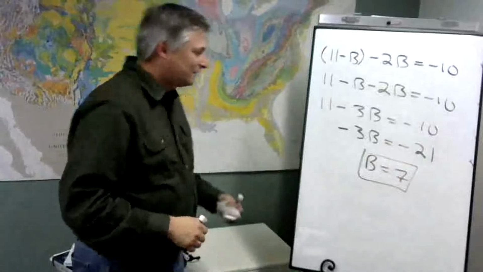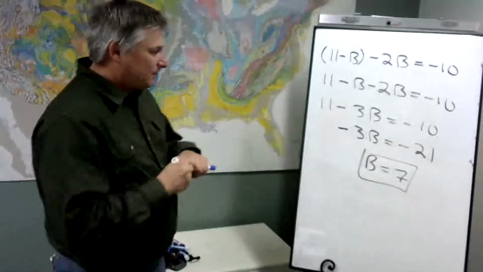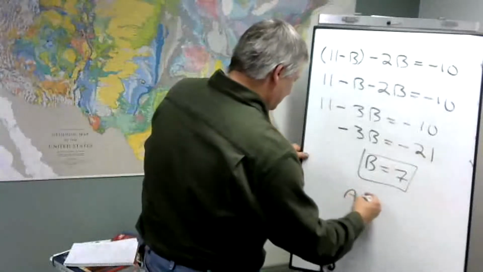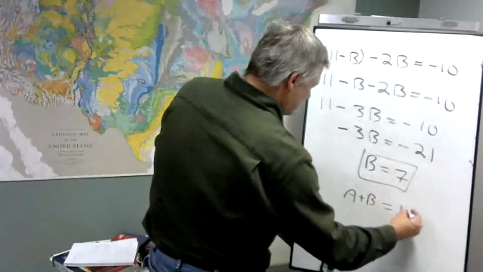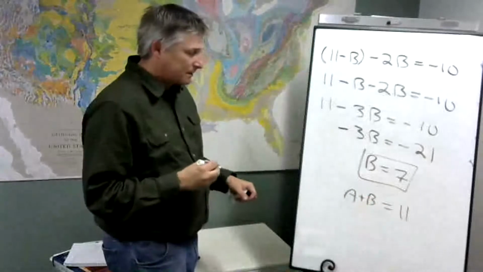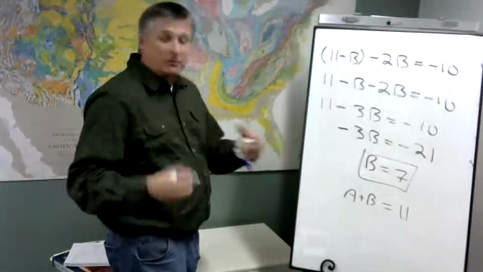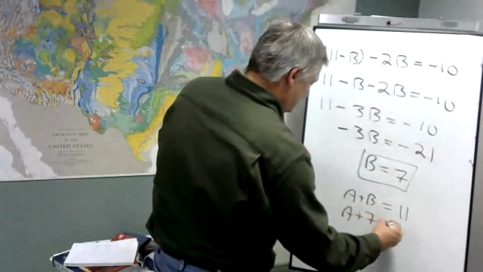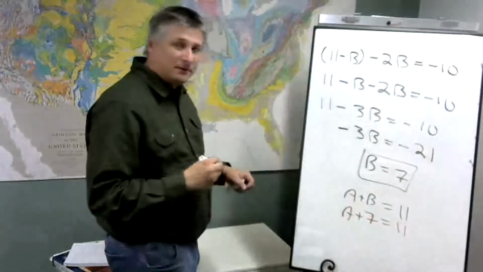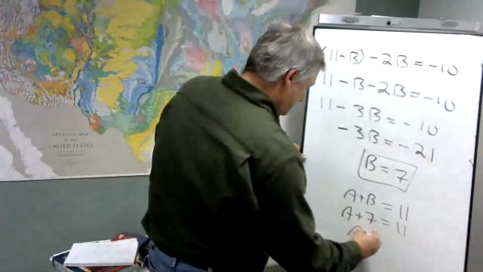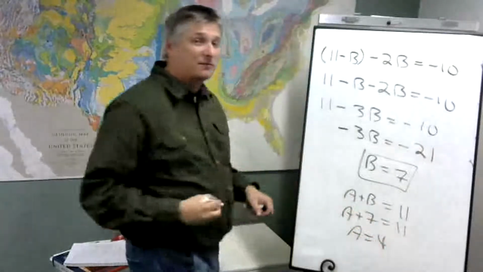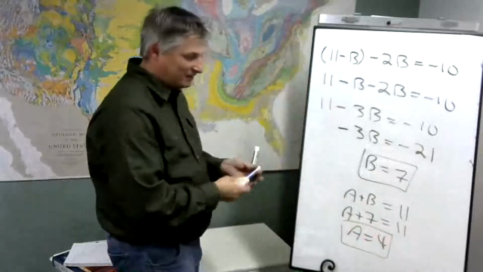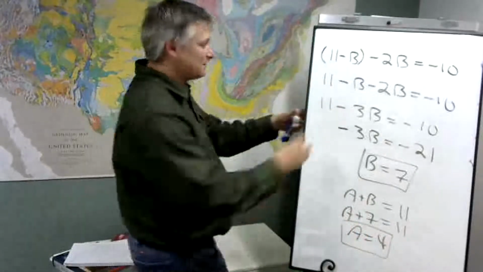All right. Now we need to find A. And recall that we had A plus B was equal to 11. Well, we know B is 7. Means A plus 7 is 11, or A equals 4. Subtract 7 from both sides. So what does this mean?